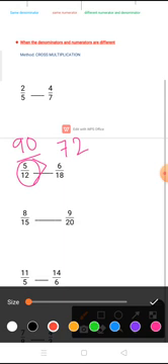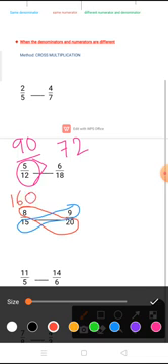8/15 and 9/20. Again both the numerators and denominators are totally different, so cross multiplication we will use. 8 is to be multiplied with 20 and 9 is to be multiplied with 15. If we multiply 8 by 20, we will get 160. If you can't do it orally, you will use your rough space.